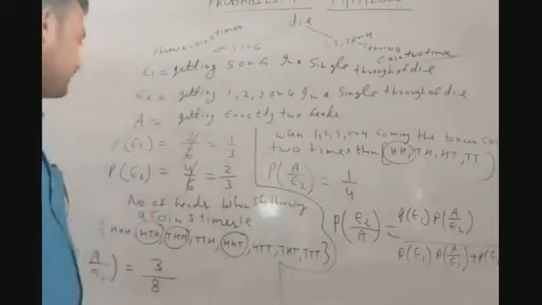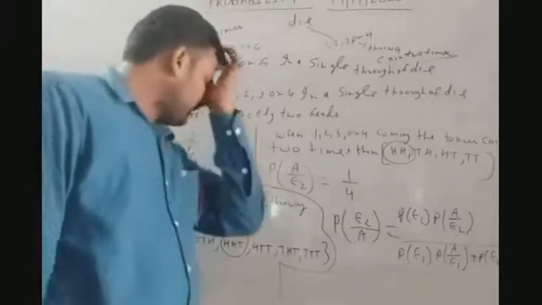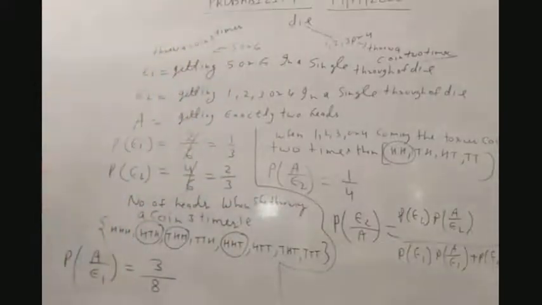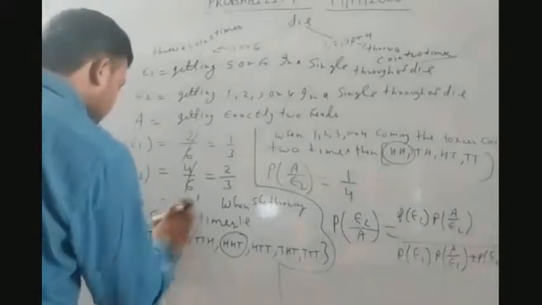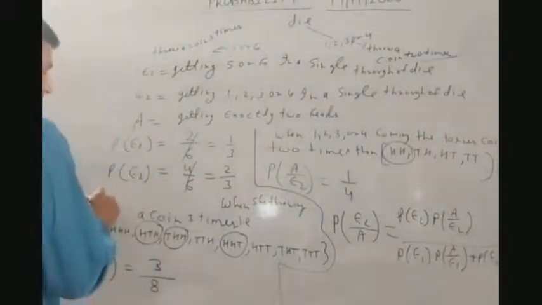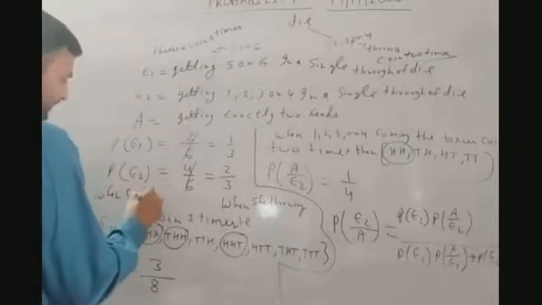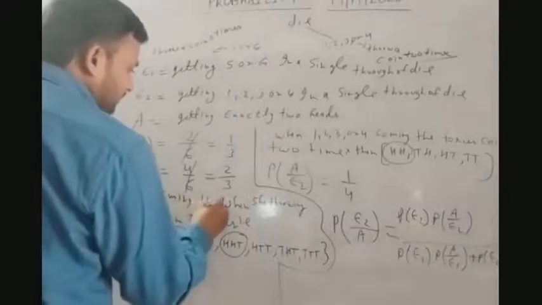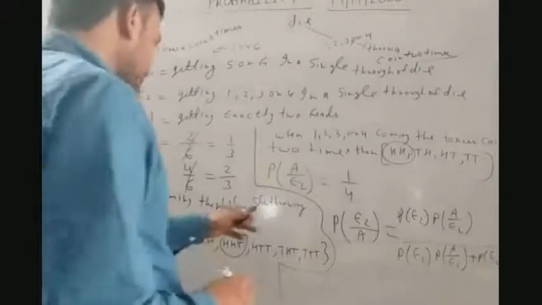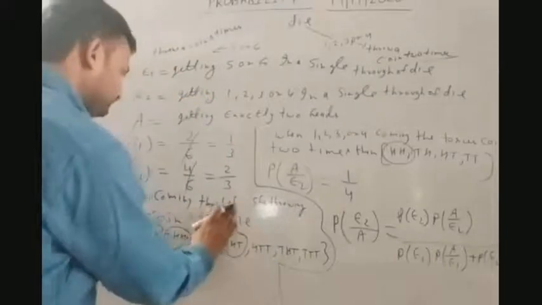Okay. Now the number of heads when she throws a coin 3 times. When 5 or 6 comes, she throws a coin 3 times.